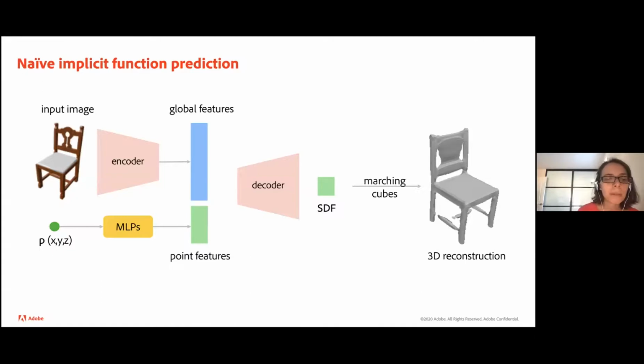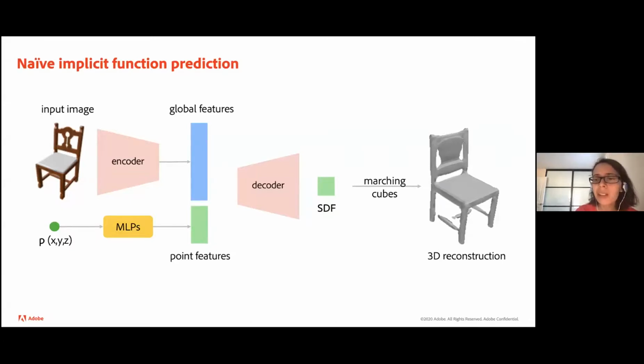Then for every point in 3D space, we can extract some point features and then predict the signed distance value of that point. And if we do this for many sampled points, we can then use algorithms like marching cubes to basically reconstruct the 3D mesh. This seems reasonable, but of course, if you look especially at the back of the chair, it lacks a lot of details.